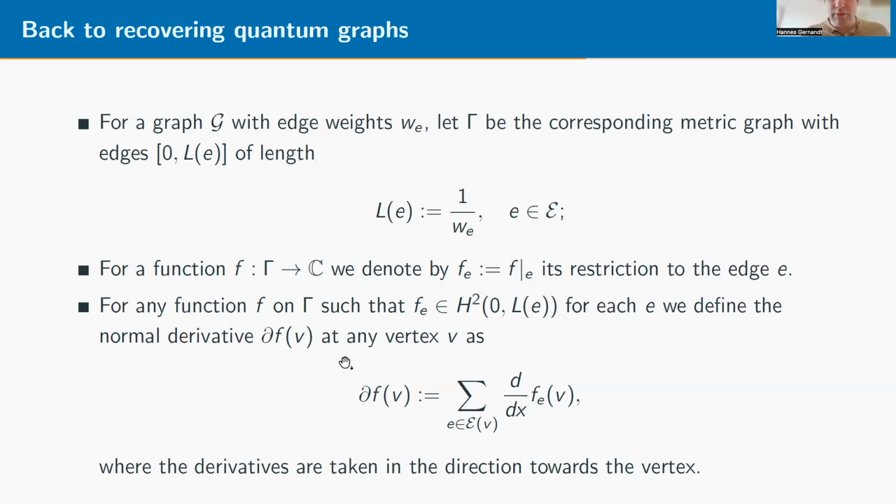And we can also define the normal derivative. Since on the edges the functions are in H^2, we can consider the derivatives. They are continuous, and we can evaluate them on the vertices. And here it's important how to define the derivatives: they are taken in the direction towards the vertex.